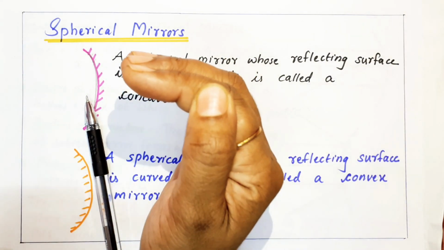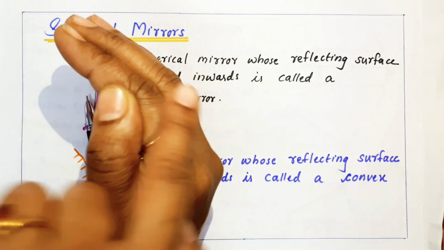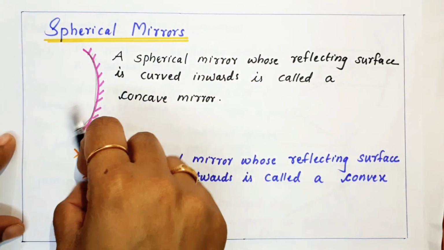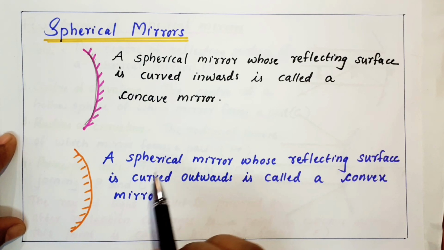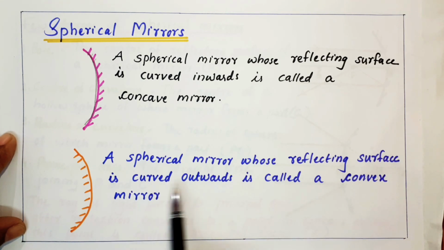So see here, if it's like this, this part is curved and this part is bulged, and if the light is incident on the curved part, that is called a concave mirror. But the spherical mirror whose reflecting surface is curved outwards, that means this part.